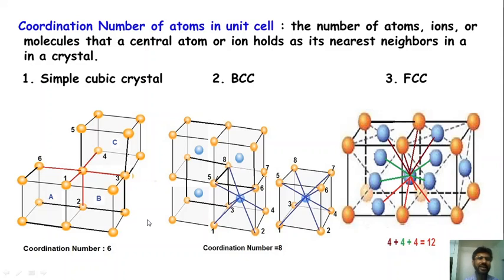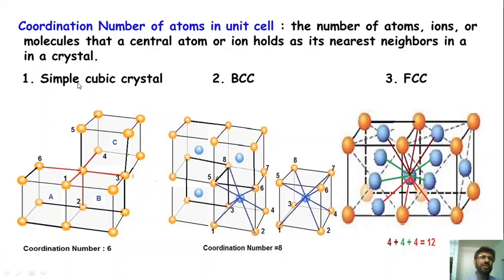So it indicates that every atom gets coordinated with the nearest atoms of the nearest unit cell. Then the coordination number is different for different types of structures.